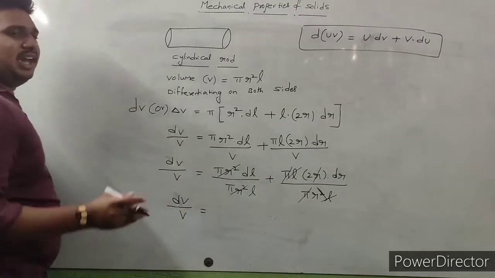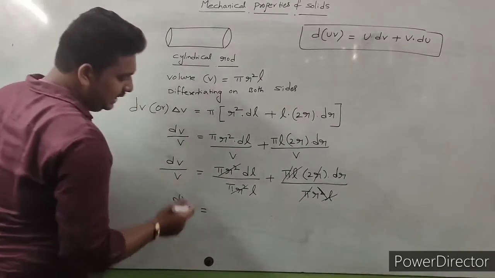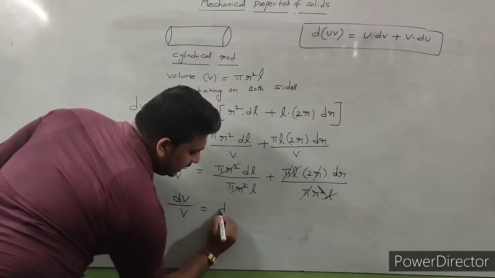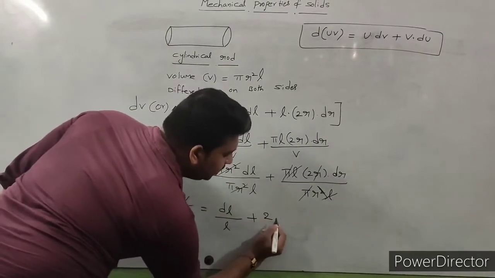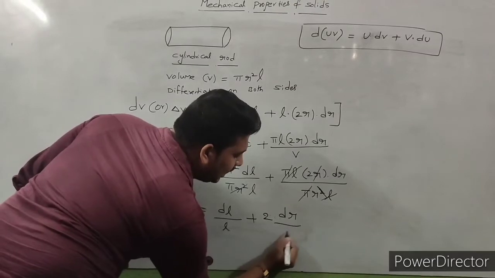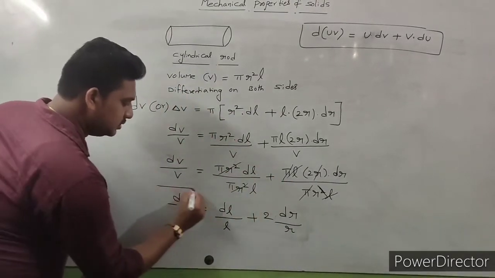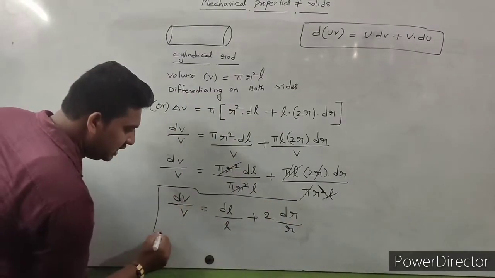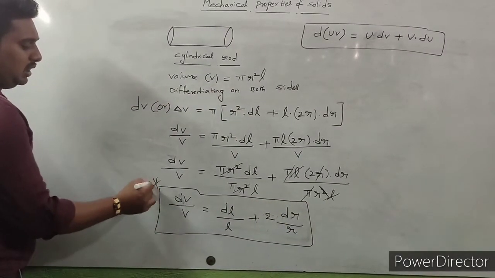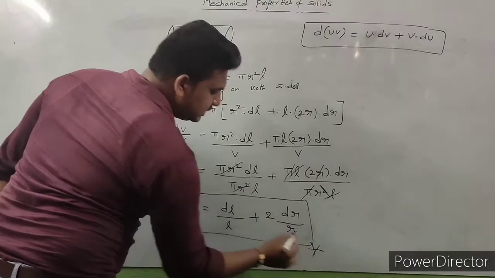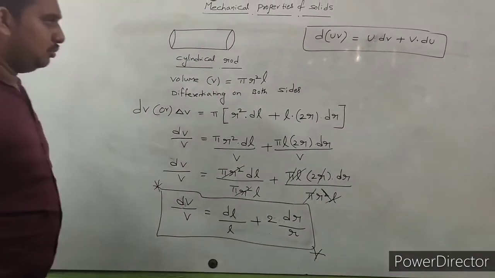So dv by v is equal to delta v by v only. dv by v is equal to dl by L plus 2 into dr by r. So this relation is very important. This relation is useful to solve numericals.